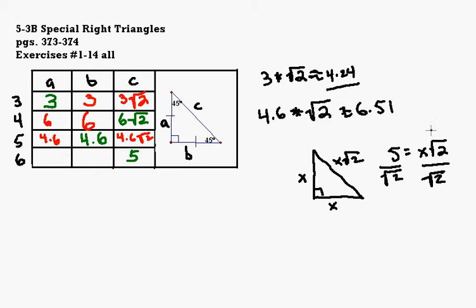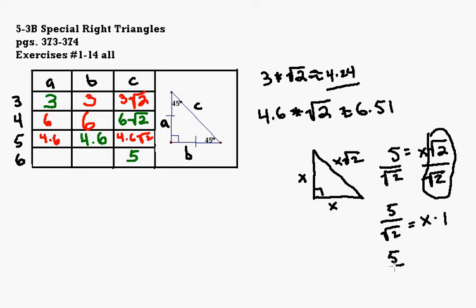Okay? Well, a number divided by itself, which is what we're doing right here, equals 1. So now I have 5 over the square root of 2 is equal to X times 1. And if I multiply something by 1, I get the number itself.